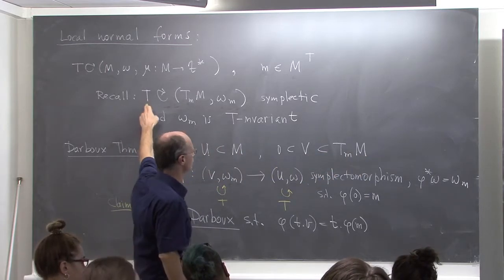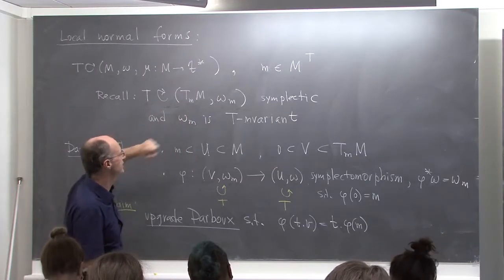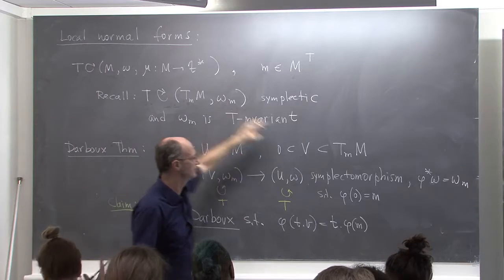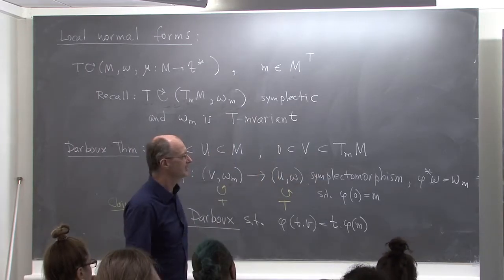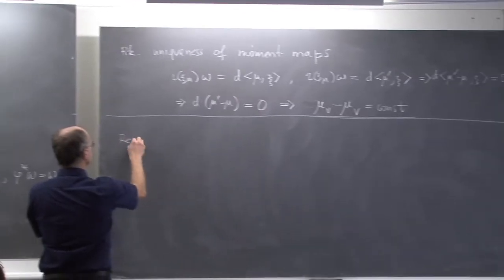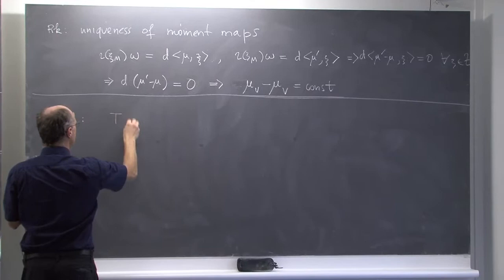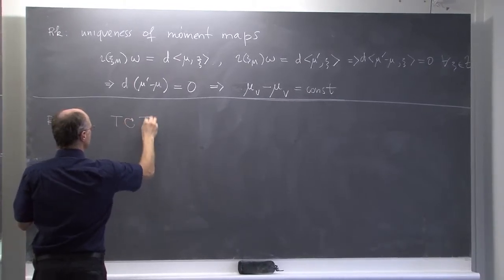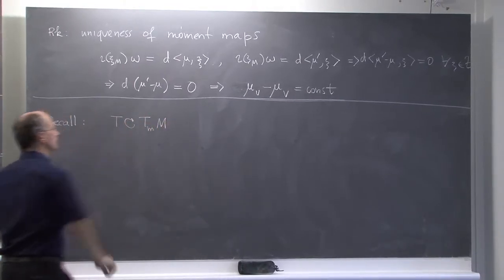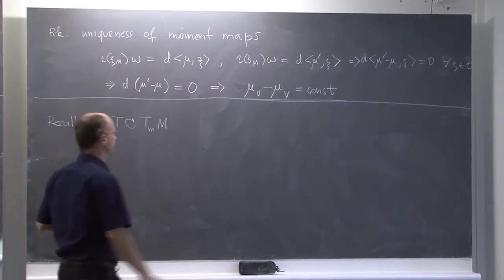Our action restricts to the linear action on this vector space. We have a constant two-form. And now perhaps let me recall something that we discussed once: how the structure of the linear T actions on vector spaces looks.